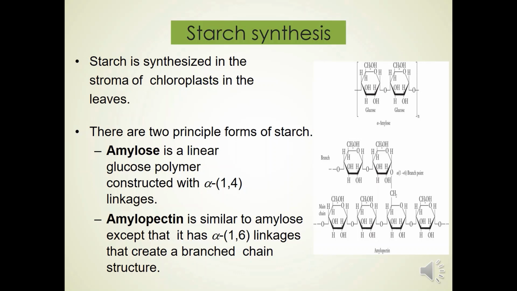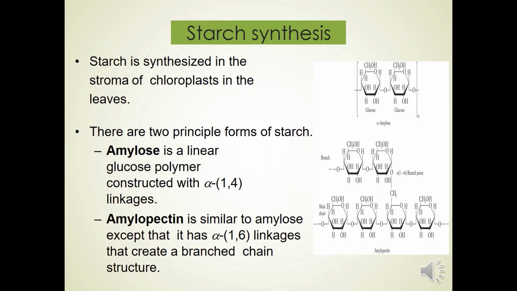Amylose is a linear glucose polymer, but different to amylopectin, which is a branched glucose polymer that makes up one of the starches. This amylopectin is similar to amylose because it also has a linear glucose polymer. However, from the linear chain, they have branches.